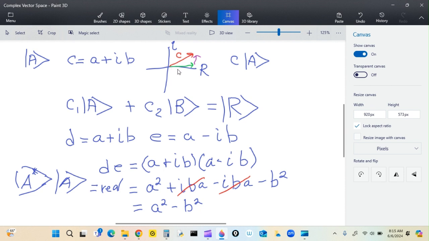Here's the A part in green. Here's the B part in purple. And here's the resultant vector C in red. So what would happen if I multiplied C times a vector, a complex number times a vector? Well, that C would be distributed on all these different vectors.